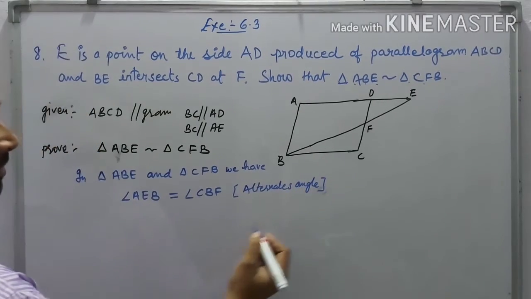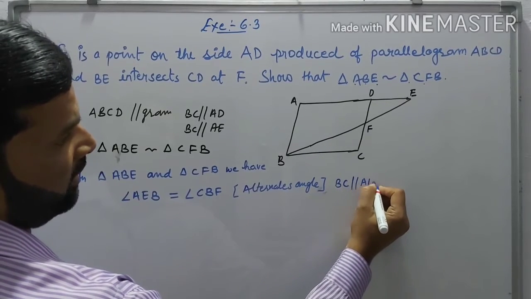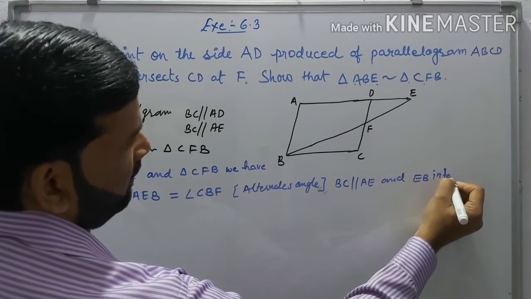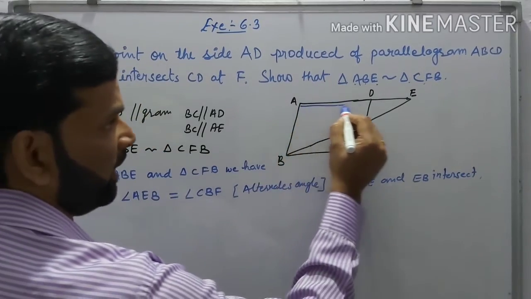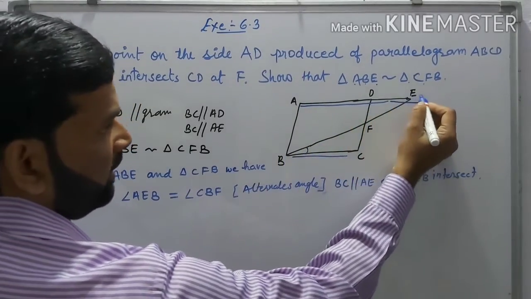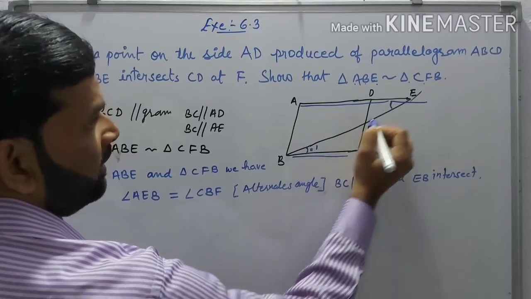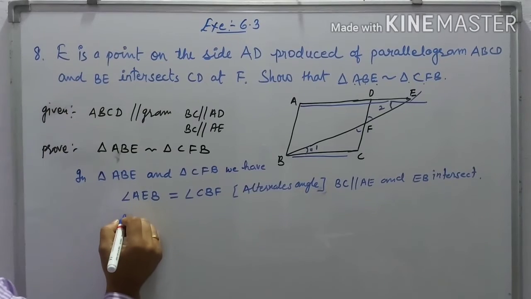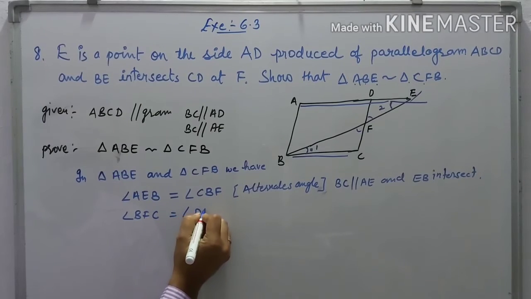Why alternate angles? Because BC is parallel to AE and EB is the intersecting line. This line is parallel, this line is parallel, and this is the transversal. Angle 1 and angle 2 are alternate angles. And at F, angle BFC is equal to angle DFE.